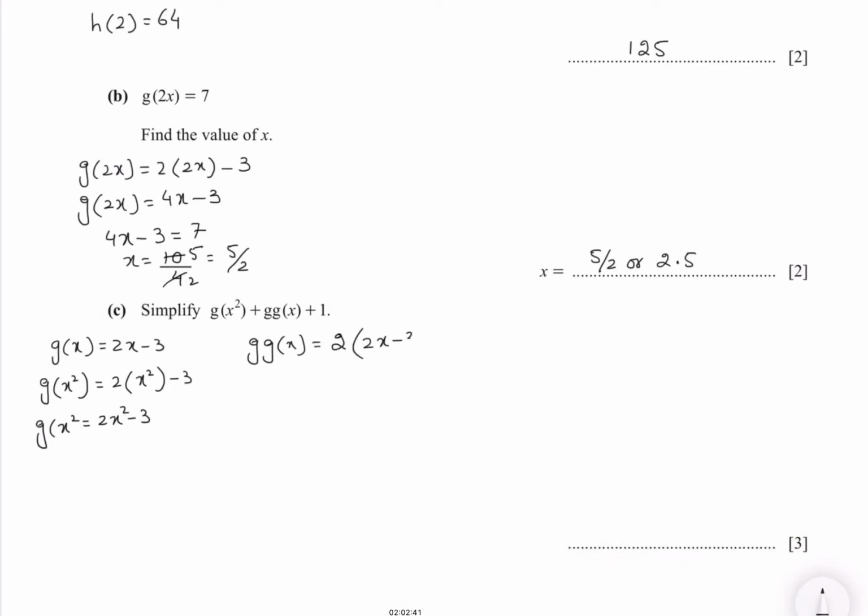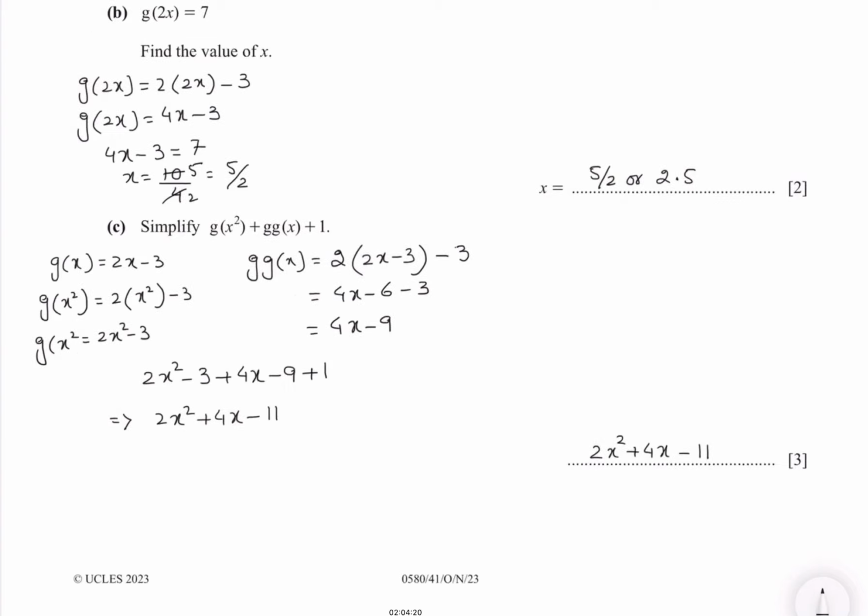Look, 2x minus 3 minus 3. So simplify this, you get 4x minus 9. So 2x squared minus 3 plus 4x minus 9 plus 1. Simplify this, you get 2x squared plus 4x minus 11.